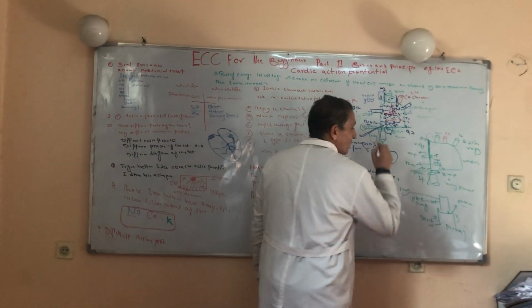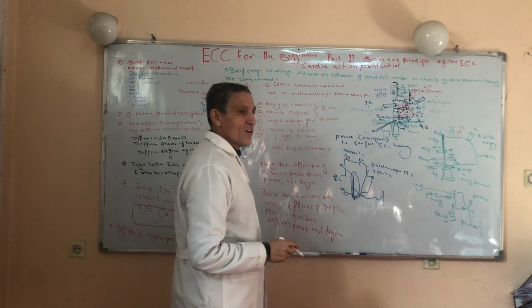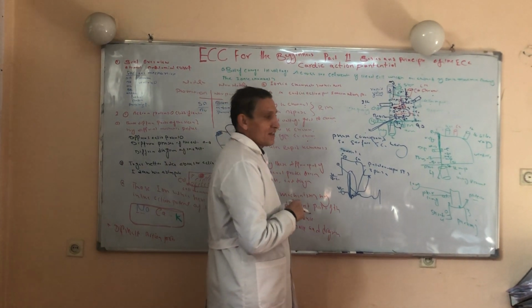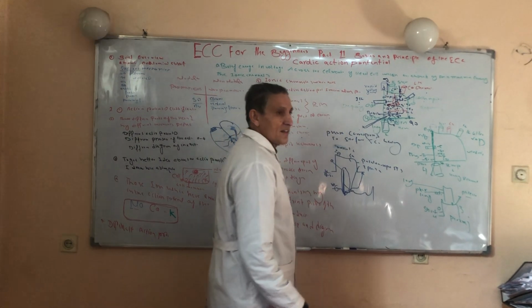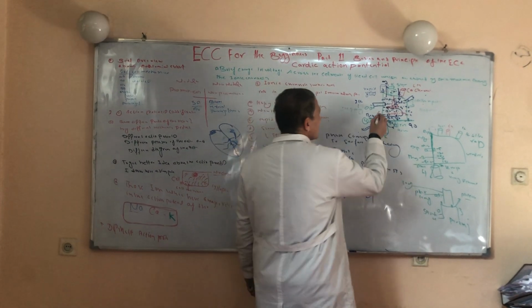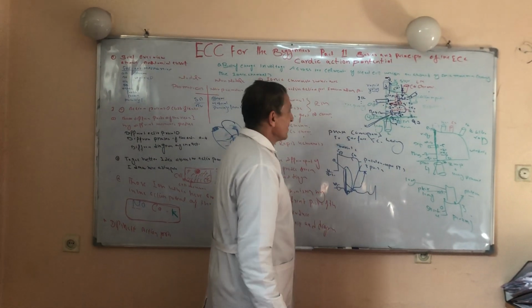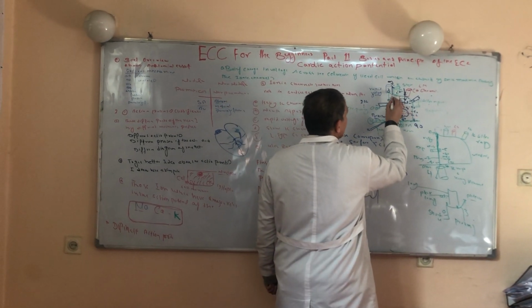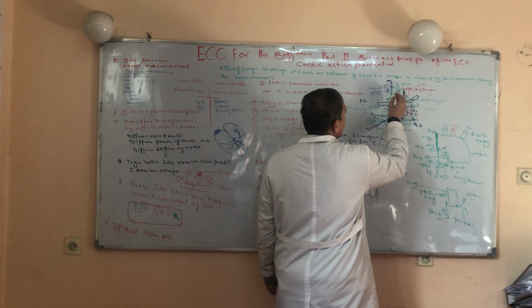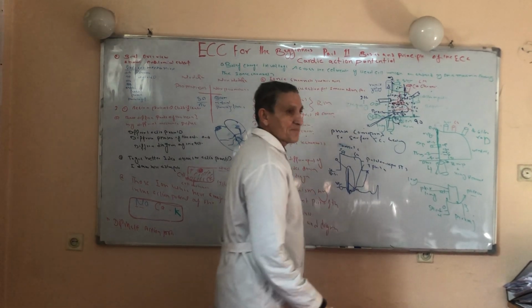So ventricular cells or pacemaker cells have 4 phases of the action potential. Phase 4 represents the resting membrane potential. Phase 0 represents depolarization, and then there is the plateau phase, which is phase 2, involving the potassium channel.